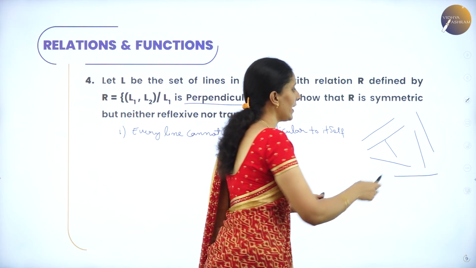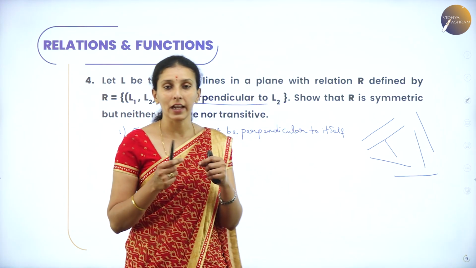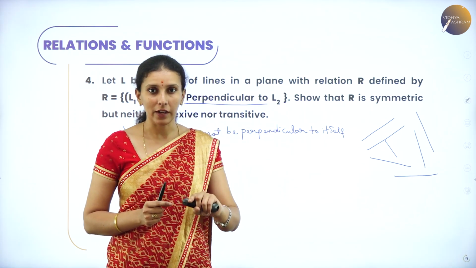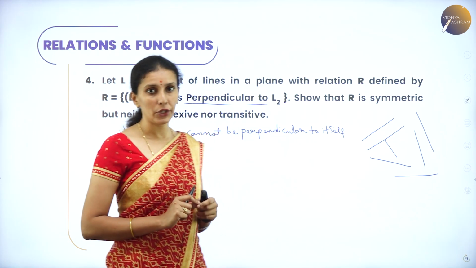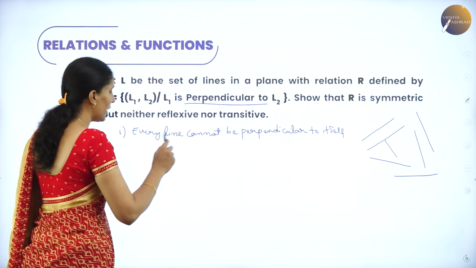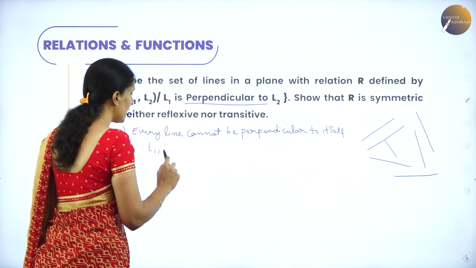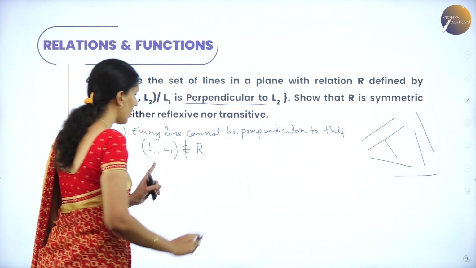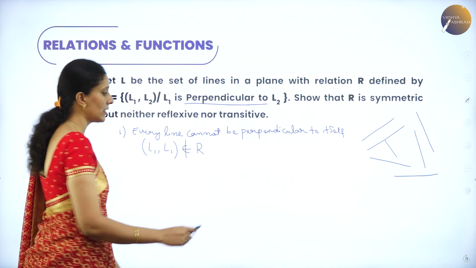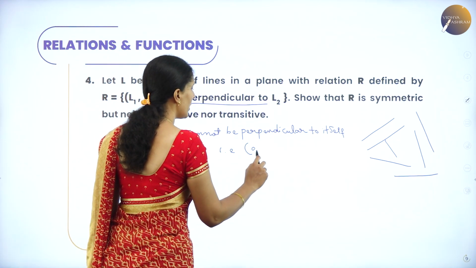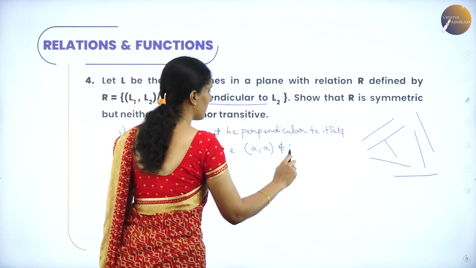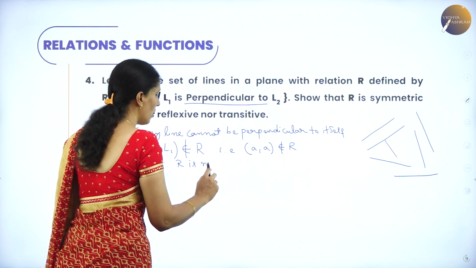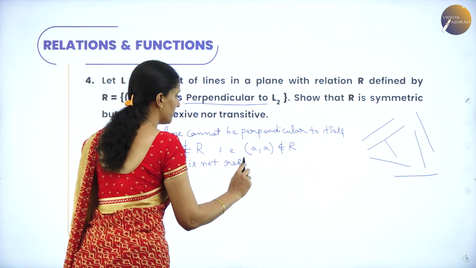But here, if I take any one of the lines, it cannot be perpendicular to itself. Remember, every line is parallel to itself, but it cannot be perpendicular to itself. So, therefore, there do not exist any lines in the form of L1, L1 belongs to R. That is, there is no A, A belongs to R. So, therefore, what I can write? R is not reflexive.